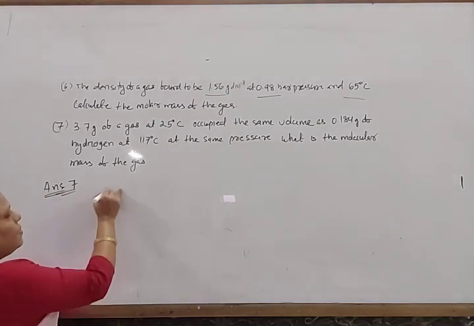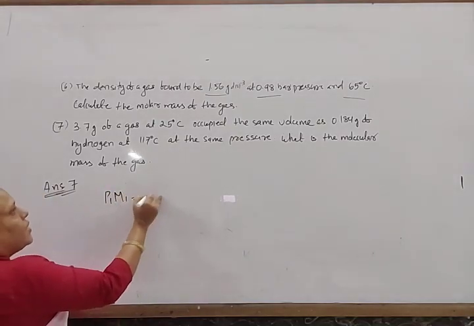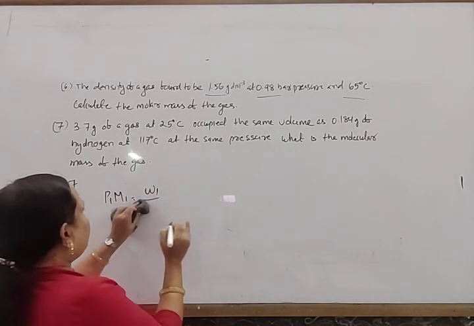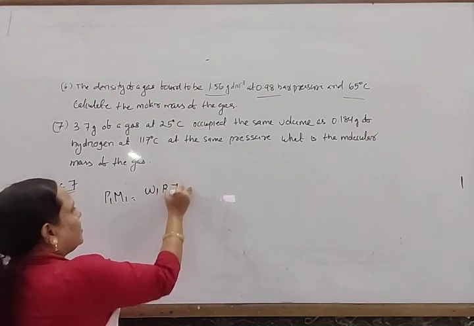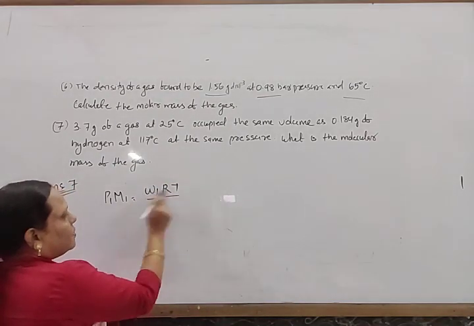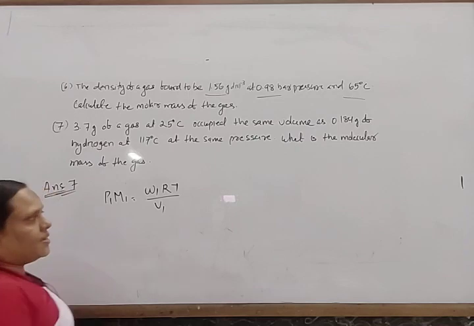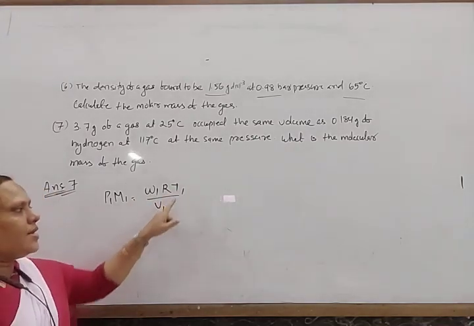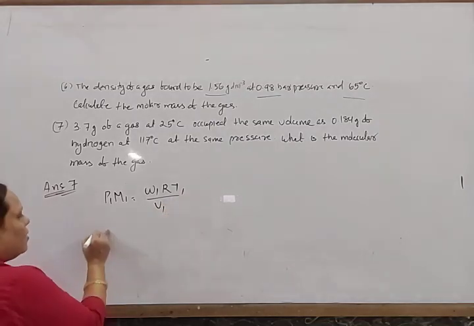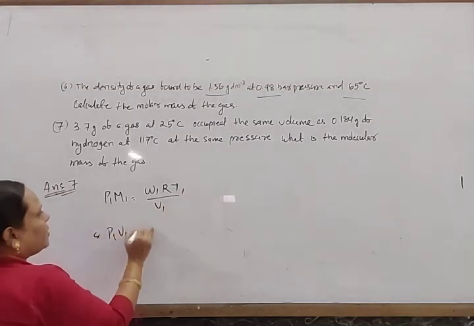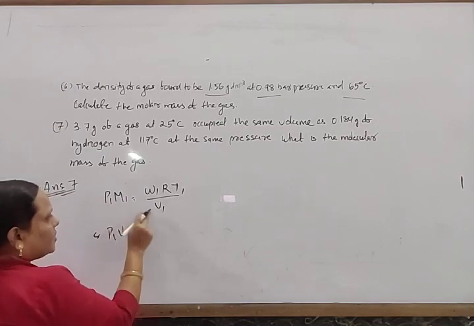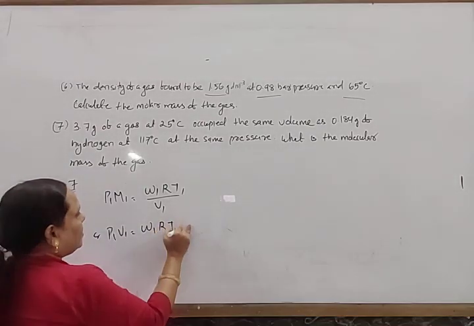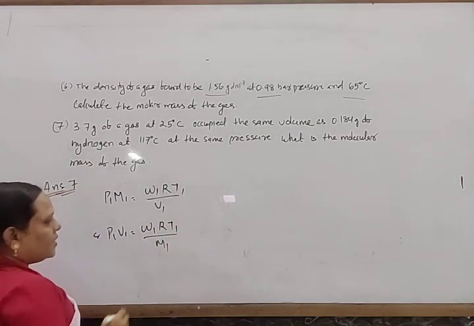We know PM equals W RT by V, so P1V1 is equal to W1RT1 by M1.